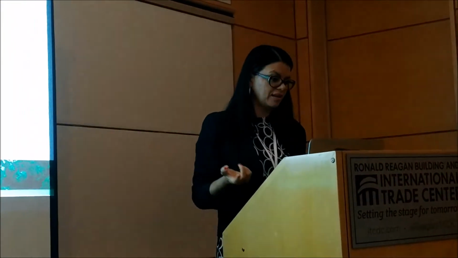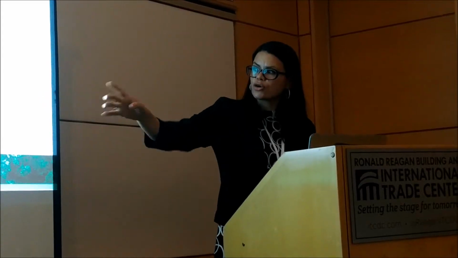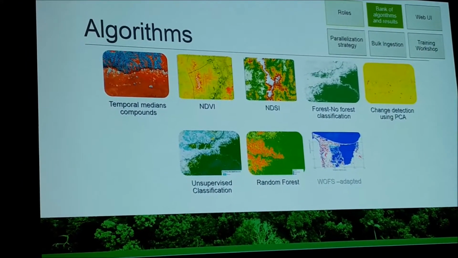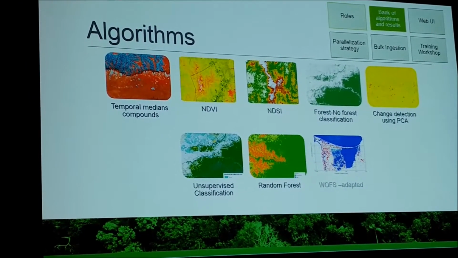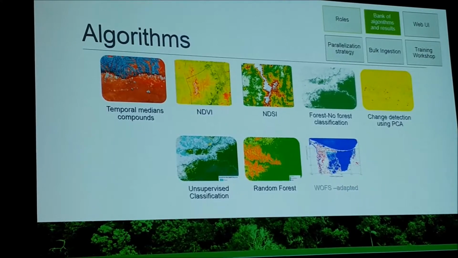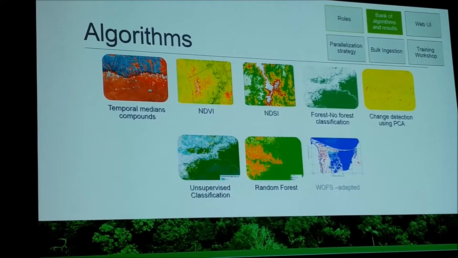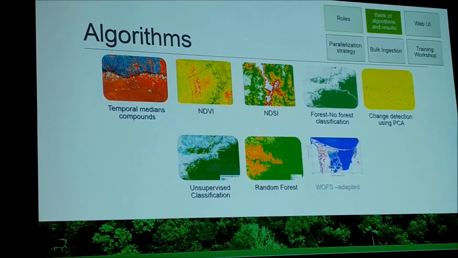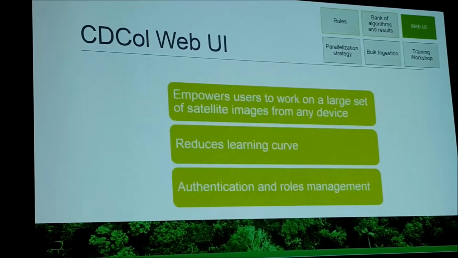This algorithm compares two years, actually two temporal median composites, and identifies the difference in one component. Also, we have been working on unsupervised classification using K-means clustering, and random forest as a supervised classification. We adapted the water observation algorithms from the Australian data cube.